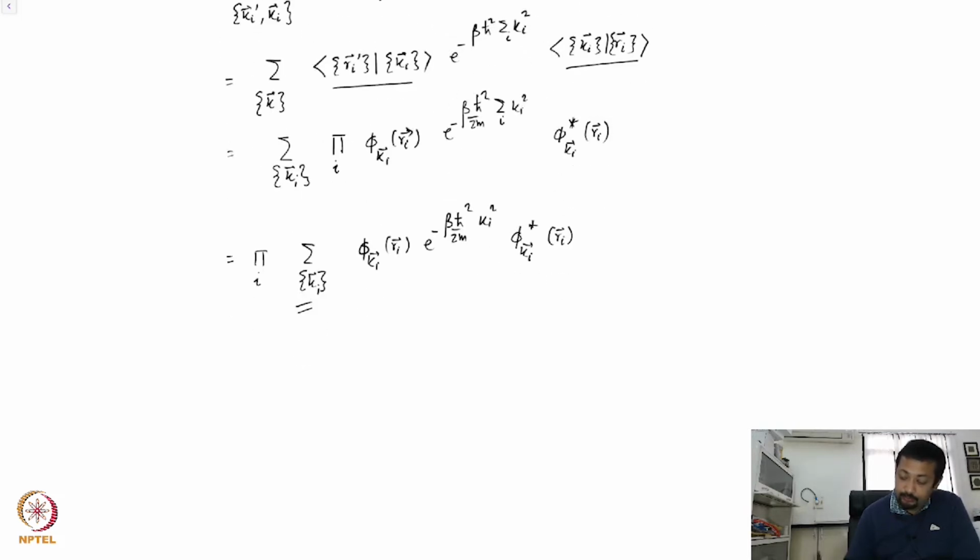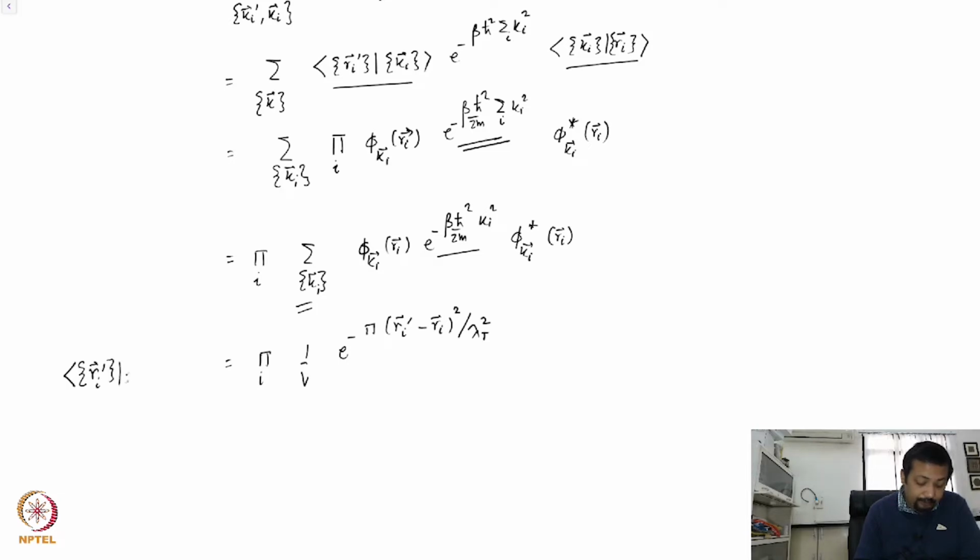And this sum can now be evaluated, because this exponential can be written as a product of exponentials, right? Because I have a sum in the exponential, therefore it splits up into products of this term. And therefore, if you now evaluate this, you are going to get 1 by V e to the power minus pi (ri prime minus ri) whole square over lambda T square. So this is the density matrix in your coordinate representation, ri prime rho hat ri.